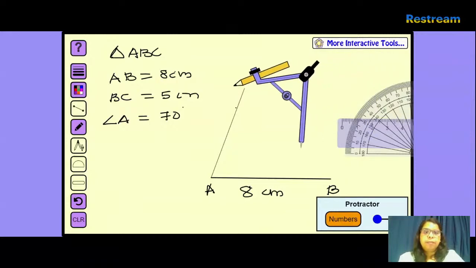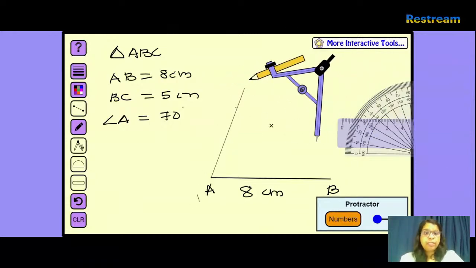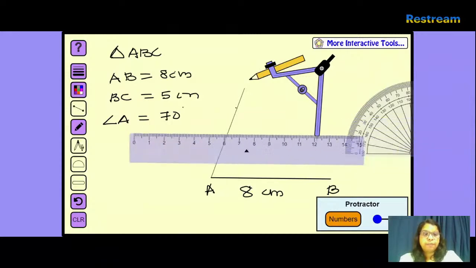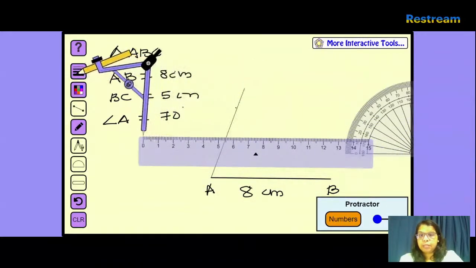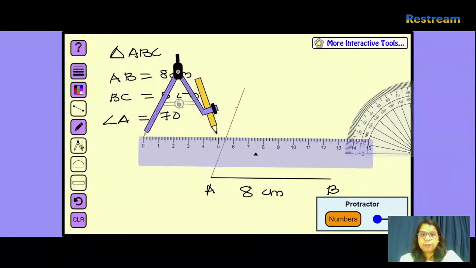Now, I don't know where on this line my point C is going to be. So I will take 5 centimeters distance in my ruler. So I will take, as like last time, I'll take distance as 5 centimeters.